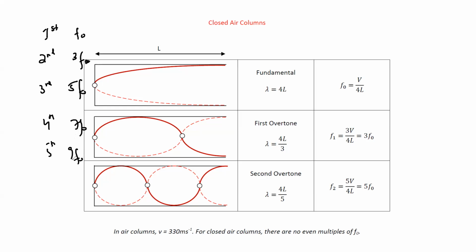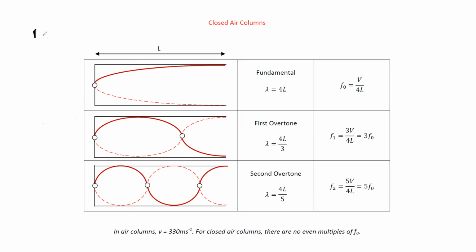But in the case of a closed pipe, the pipe which is closed at one end, it increases by odd numbers: F0 becomes 3F0, 5F0, 7F0, 9F0, and so on. As the number of loops increases, the frequency will also increase.